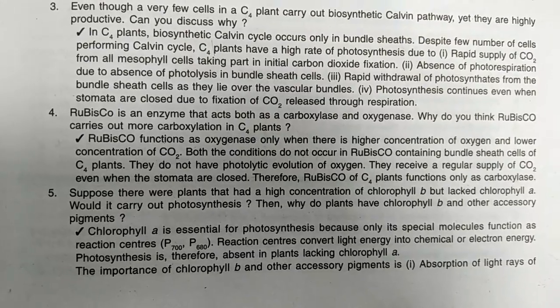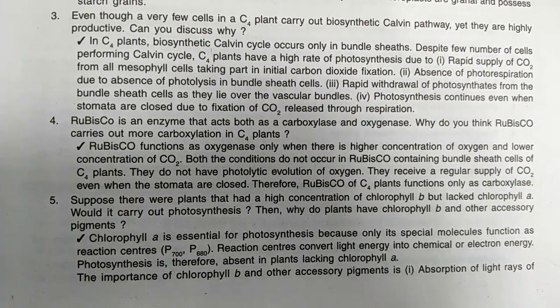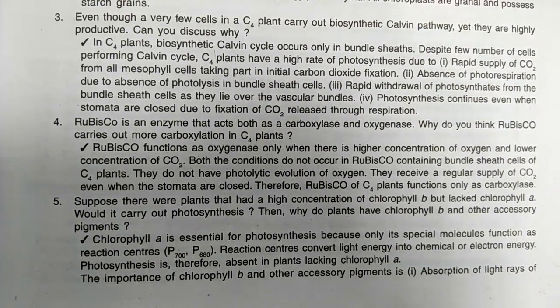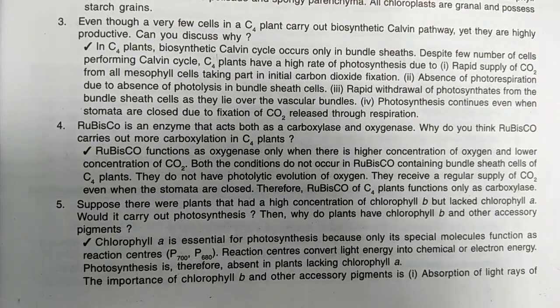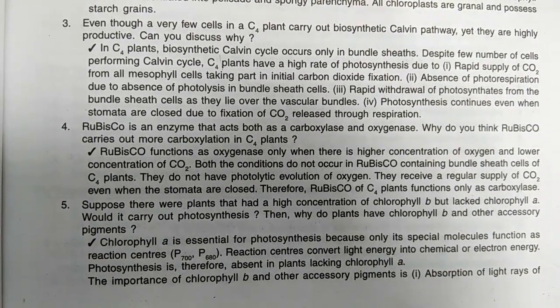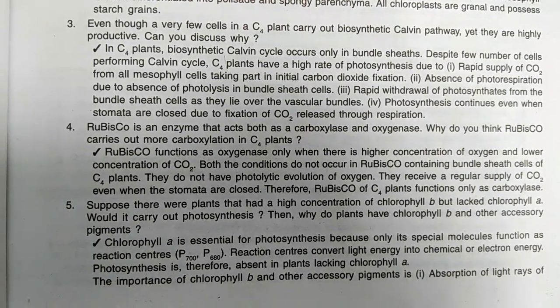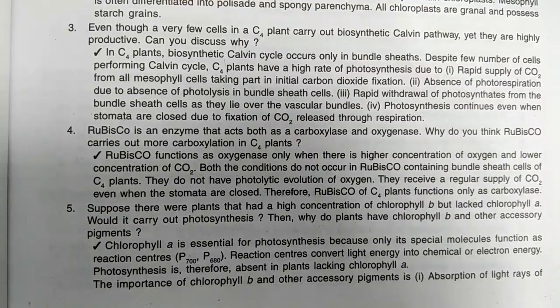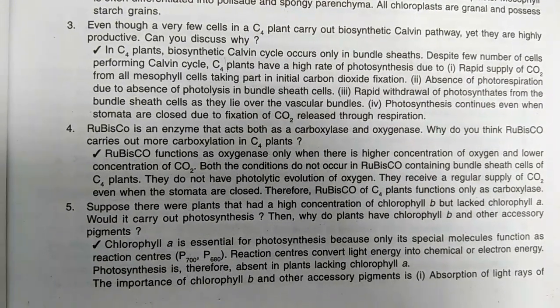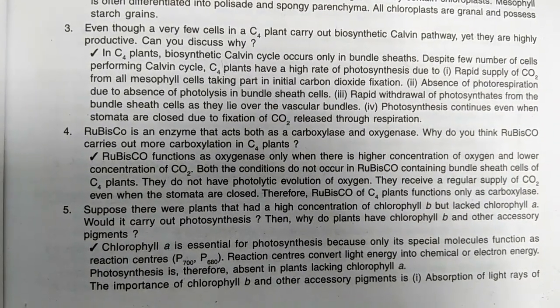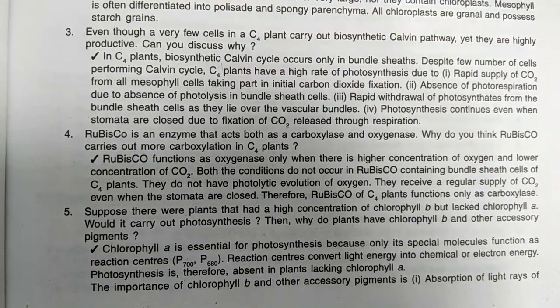So the answer is, chlorophyll a is essential for photosynthesis because only its special molecules function as reaction centers, that is photosystem I, P700, and photosystem II, P680.